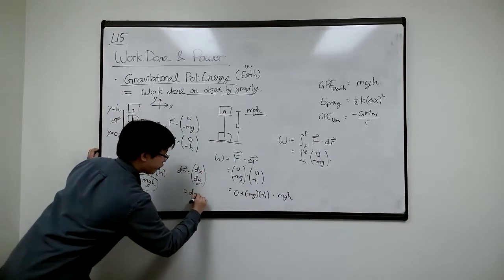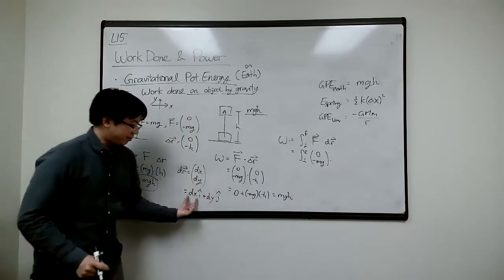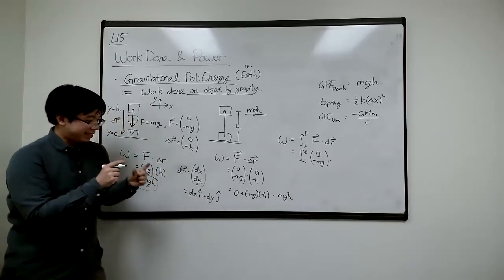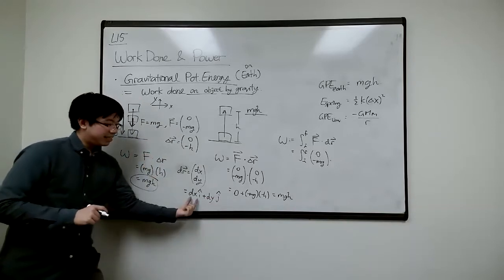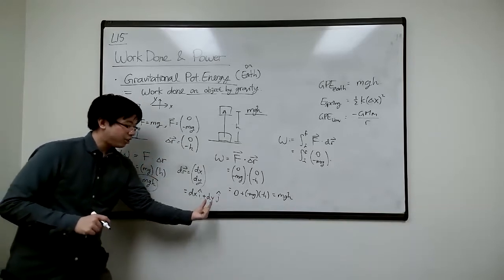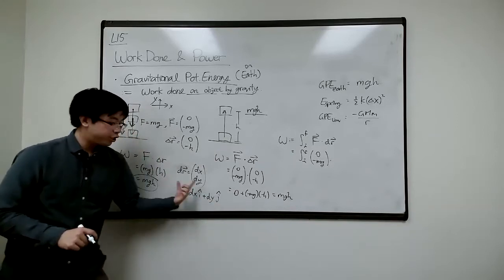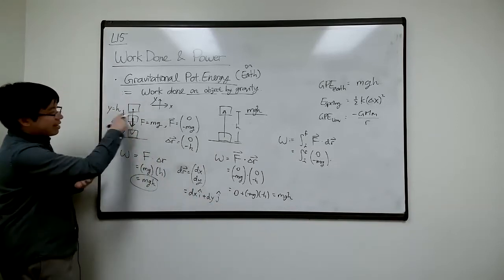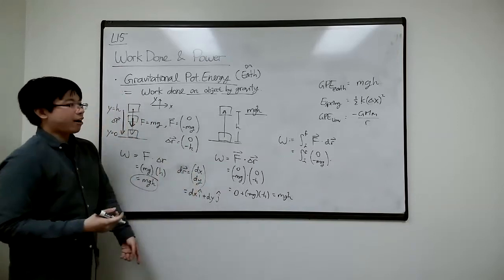If that confuses you, write it in component form. That's what it means: a small displacement in the x direction and a small displacement in the y direction. So whenever you have dr, that's the general form of it. In this case, I can actually plug in dx equals 0 and just work with dy.